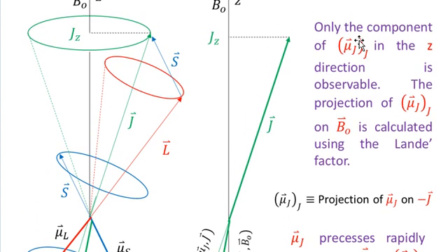The projection of mu jj on the magnetic field B naught is calculated using the Lande g factor. So we can use the Lande g factor approach in order to calculate the z component of mu jj.